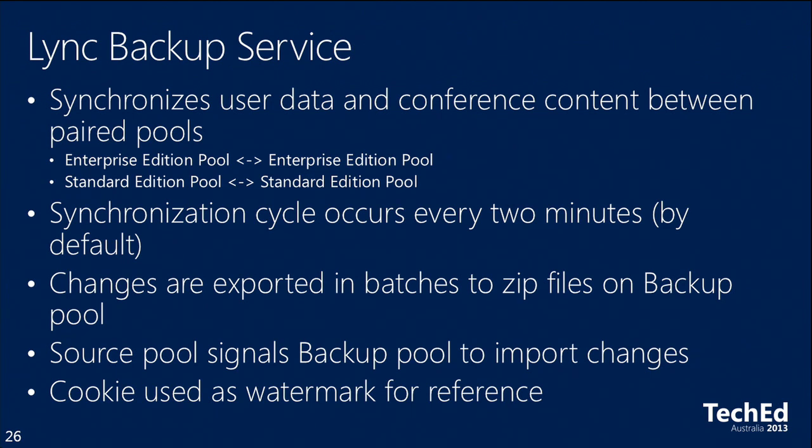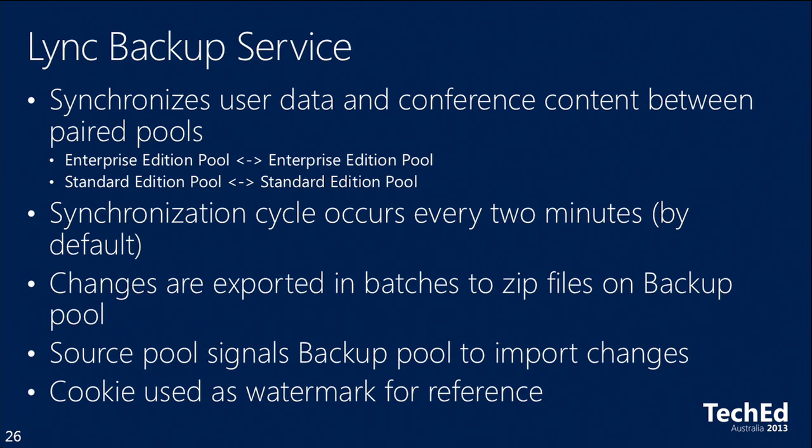By default, we synchronize that data every 2 minutes, to make sure that we have an accurate list of all the conferences and contact list changes that users may have made on their primary pool, to reduce the amount of data that gets lost in the case of a pool outage or a pool failure. Those changes are exported into zip files and copied by the backup service over to that backup pool.